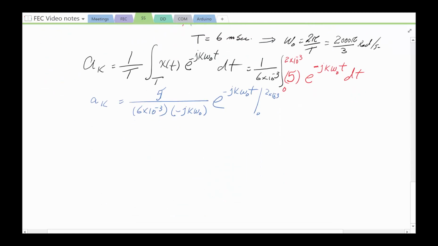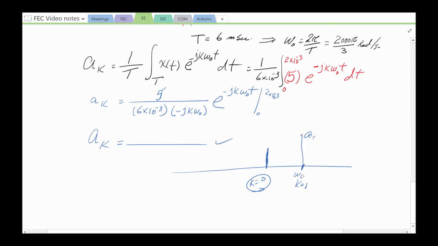Which makes a of k equal to, just plug the values in, and that's your a of k. And if somebody wants to find out, let's say, what is the value at 0, they just set k equal to 0. If they want to know what a of 1 is, all they do is set k equal to 1, and that tells them what the value is at omega 0.